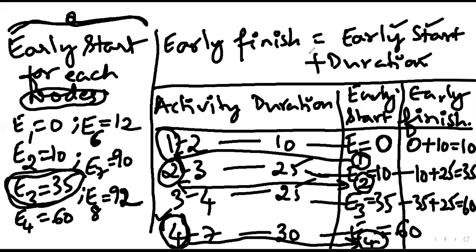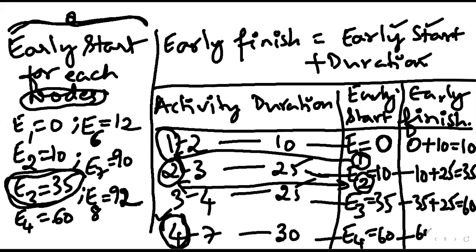Similarly, how much is the next value? 90. E4 is 60, and 60 plus 30 is 90. Correct?